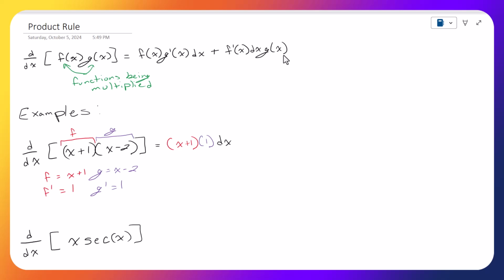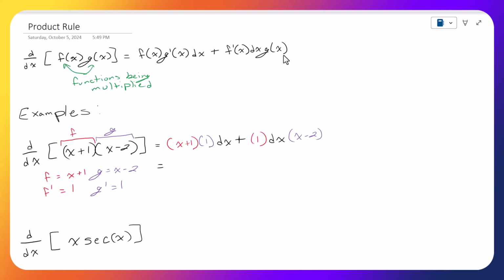And I will actually show us in this video how d of x can change things a bit, because in our past video all we saw was 1. But then we have f prime of x, which is 1, times d of x, times g of x, which is x minus 2.